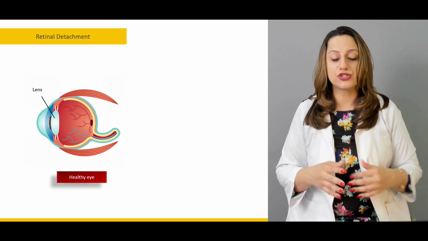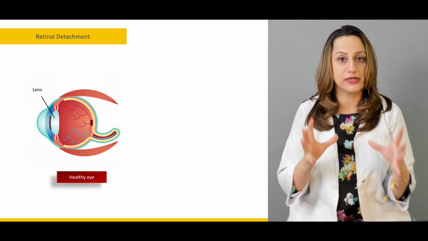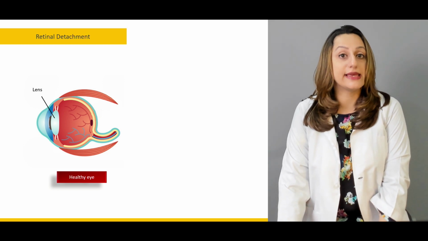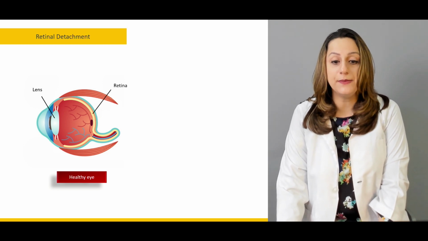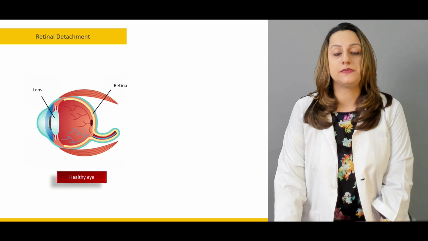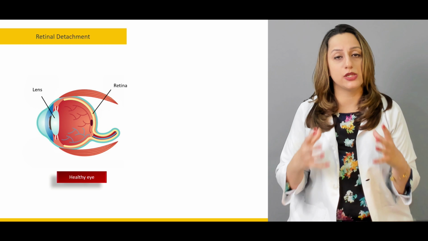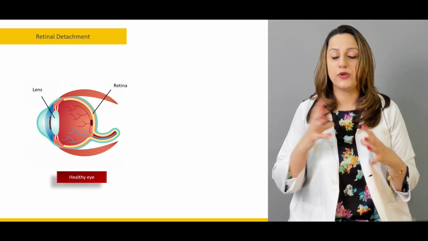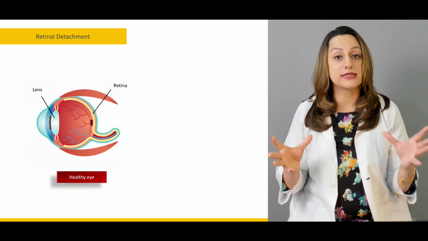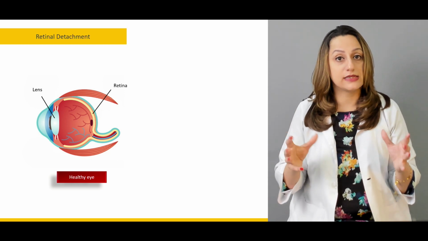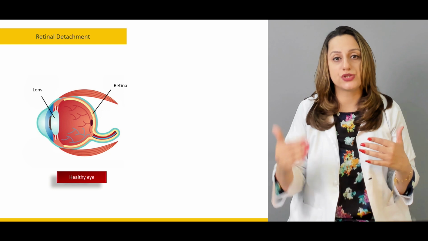Over here, just reviewing the basic anatomical structures, we can recall that we have a lens that is located anteriorly. We have the retina that is more posteriorly located, and it has an ora serrata, which is the margin line of the retina placed most anteriorly.